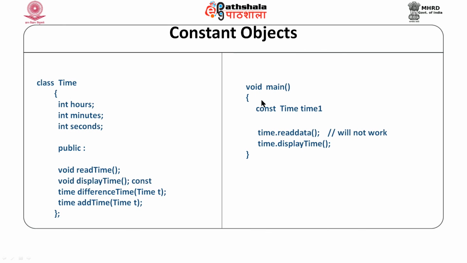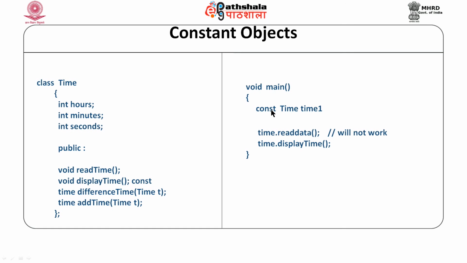Now, for example, here we have defined this time1 object, which is the object of the time class, as constant. Now, when we define this object as a constant object, it means that this object will not be able to modify itself.